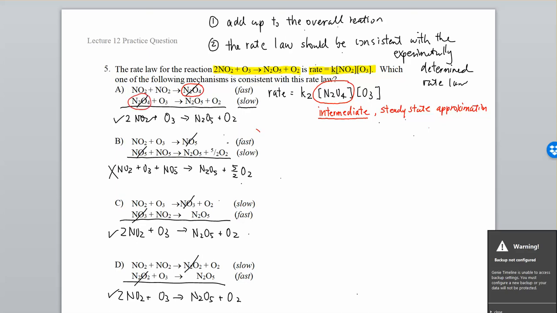So that's why we're using the steady state approximation. I'm going to write below: the steady state approximation is that the rate of producing N2O4 is the same as the rate of consuming it.